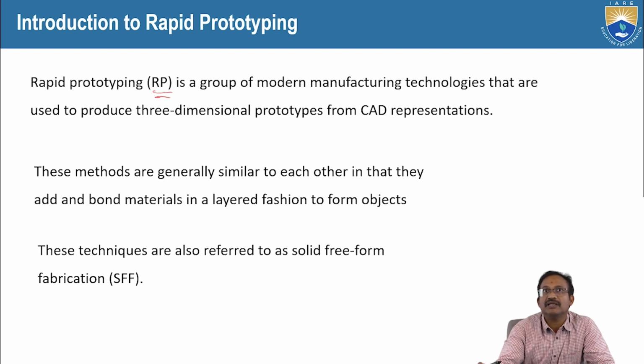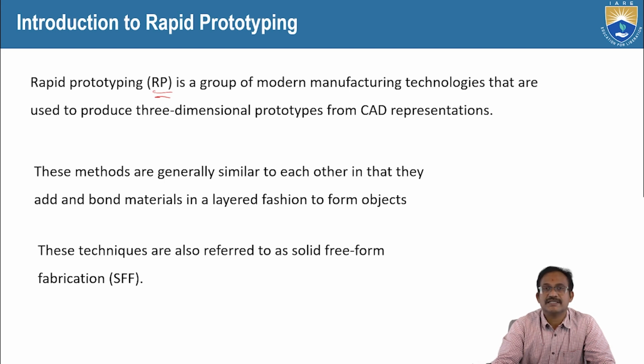So the input for rapid prototyping is CAD, computer aided design. So we have to supply two-dimensional or three-dimensional drawings to the RP setup. These methods are generally similar to each other in that they add and bond materials in a layered fashion to form objects.